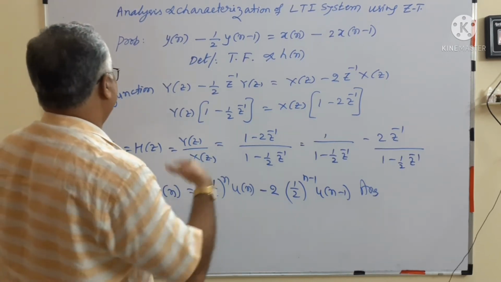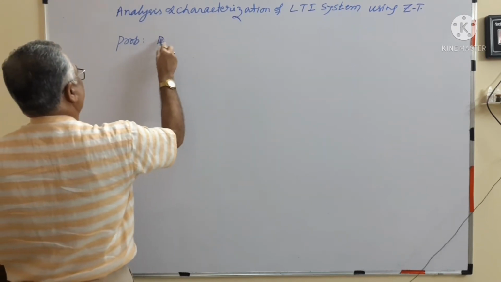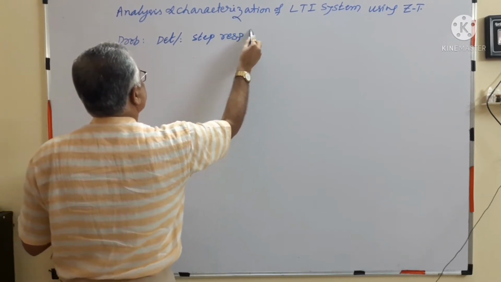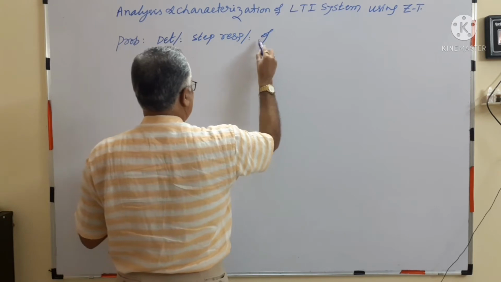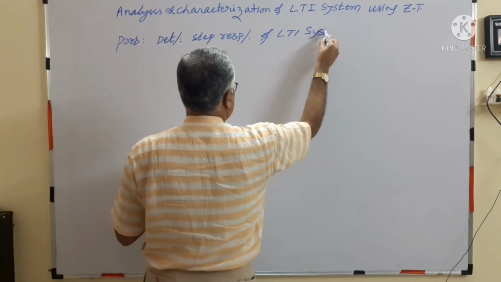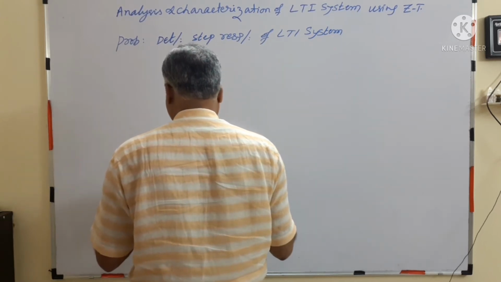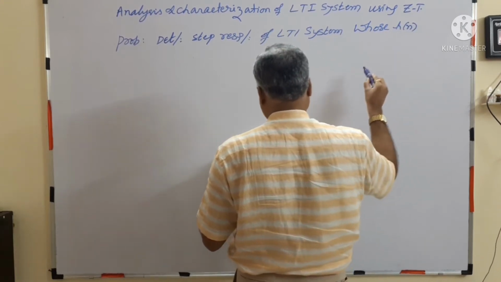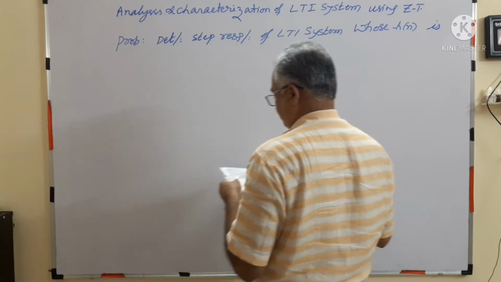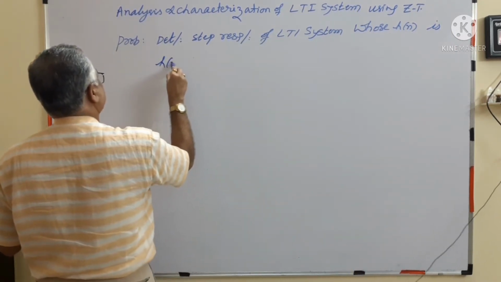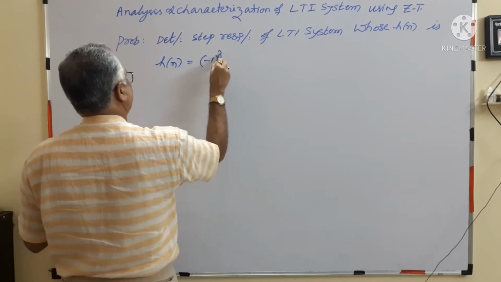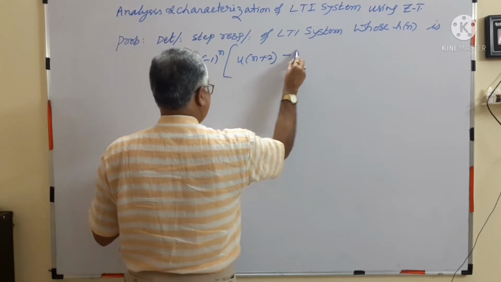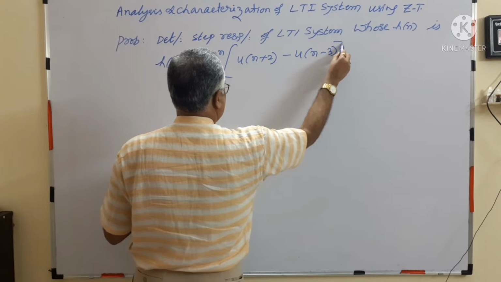So let's take another problem. Determine the step response of an LTI system whose impulse response is given like this: h(n) = (minus 1) to the power of n u(n plus 2) minus u(n minus 3).